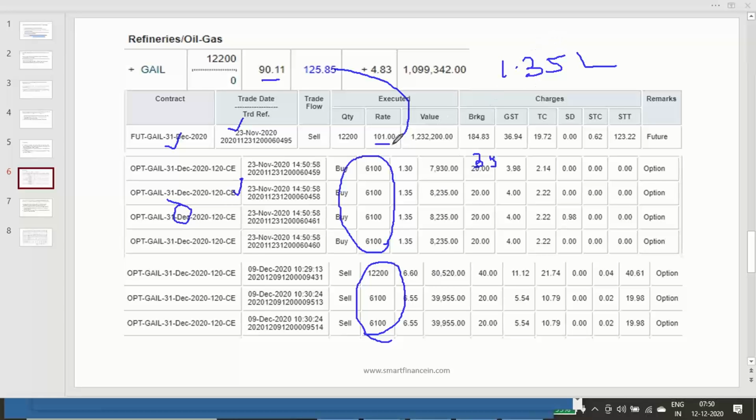So now my hedge has come to 101 plus 11 rupees, so my profit is being protected till 112, though GAIL is at 120 rupees. Further hedge is being made. You can say at the 140 level also, currently I have the hedge. So it is at 80 paisa or 90 paisa.